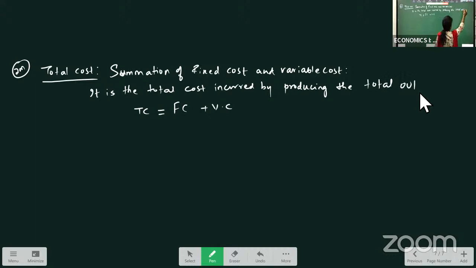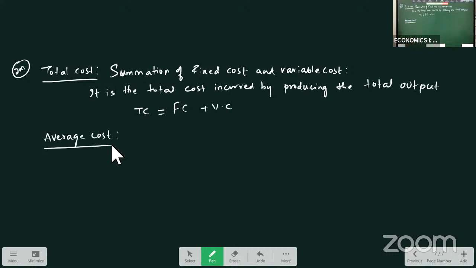Total output. Okay. So this is called your total cost. Now from total cost, we will calculate average cost. What is this average cost?